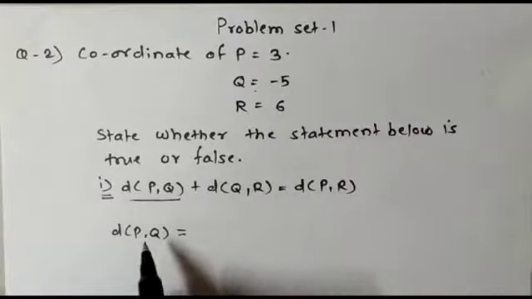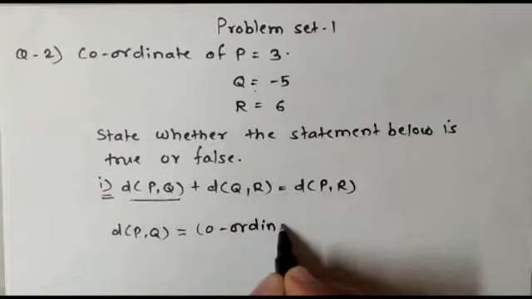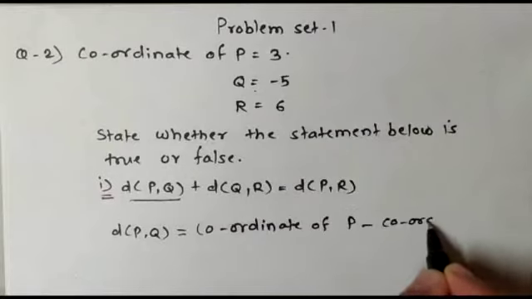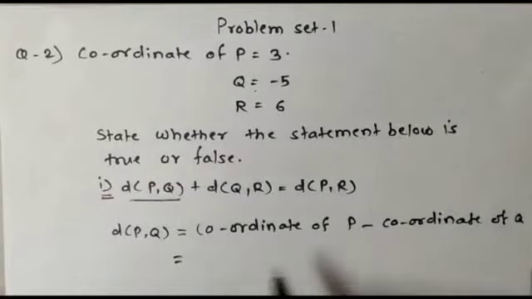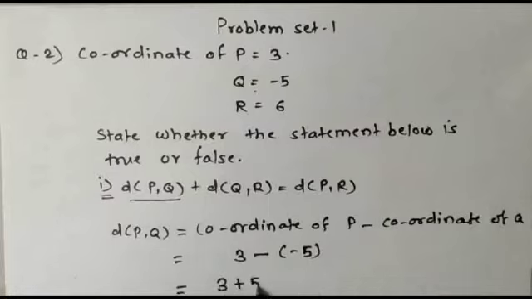That means distance PQ we can find out by coordinate of P minus coordinate of Q. That means coordinate of P is 3 minus coordinate of Q is negative 5. So distance PQ will become 3 plus 5, that is 8 units.